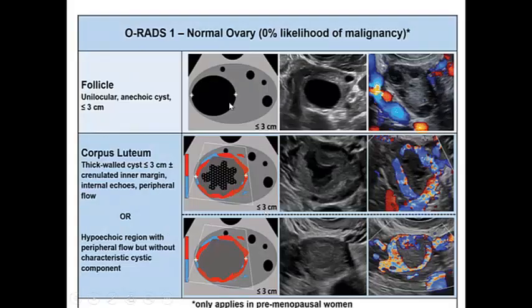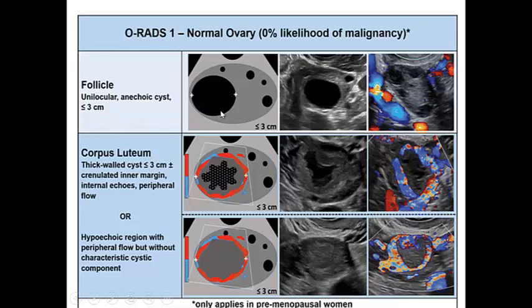And here also we have these figures beautifully showing the normal, this is the O-RADS 1. O-RADS 1 means normal ovary, so we have the likelihood of malignancy 0. We have here a follicle, less than or equal to 3 centimeter, it is just a follicle. It's not even a follicular cyst.